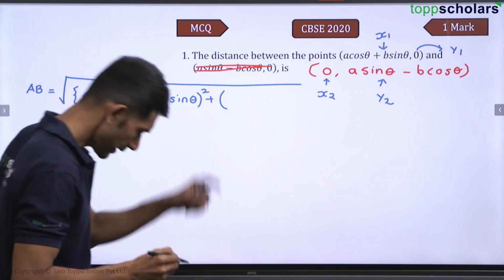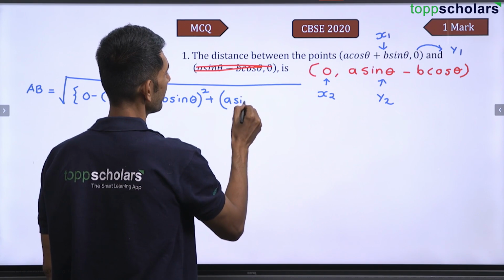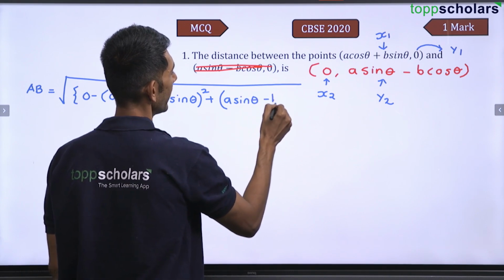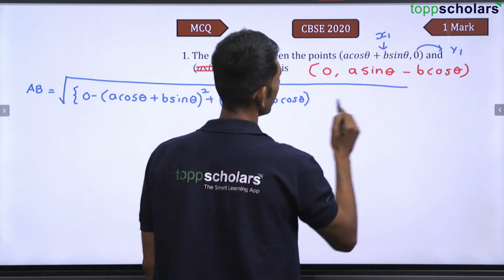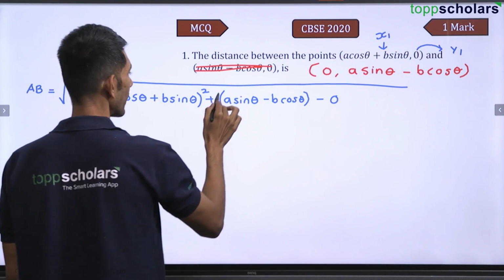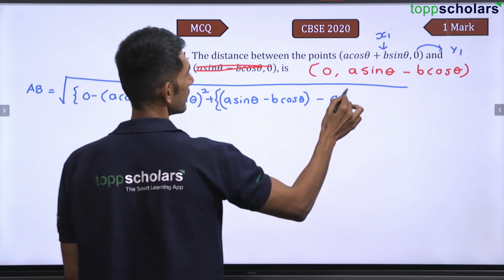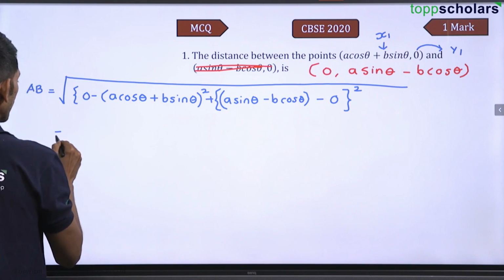What is y2? A sin theta minus b cos theta, minus 0. This goes in one bracket, the whole square. So here I can ignore 0, right?